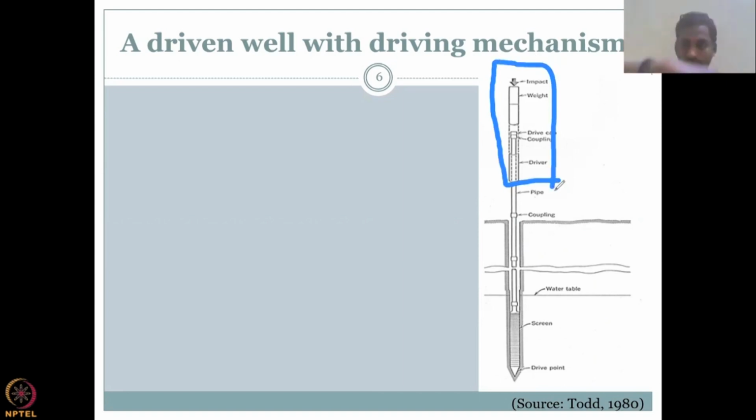It will hit, and it goes in very slowly. It depends on how you're holding the drive point and putting the weight on top. If you do it well, it goes vertically down. Otherwise, it can slant. Remember, you don't want it to slant because you're losing the depth of the well. So you have to keep it as straight as possible to go down.